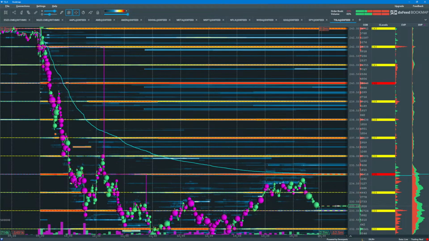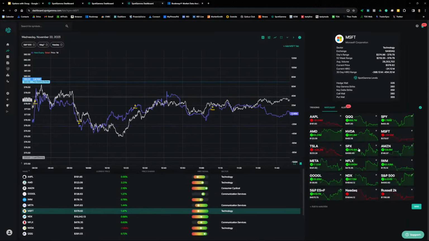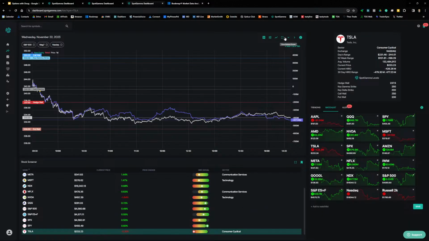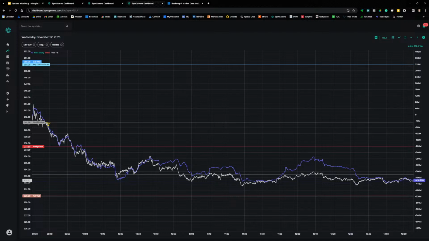Let's see what options traders are doing in Tesla. Taking negative delta positions in Tesla.